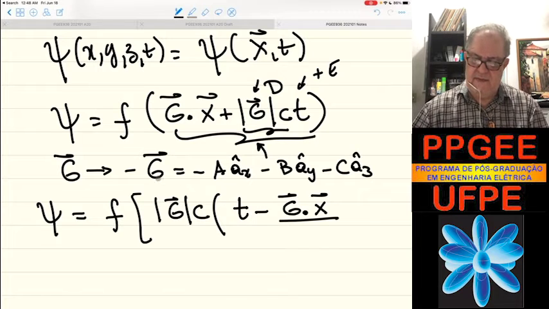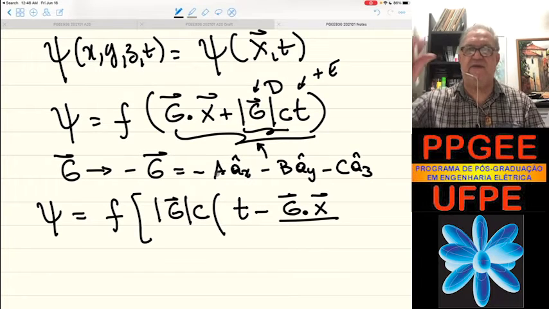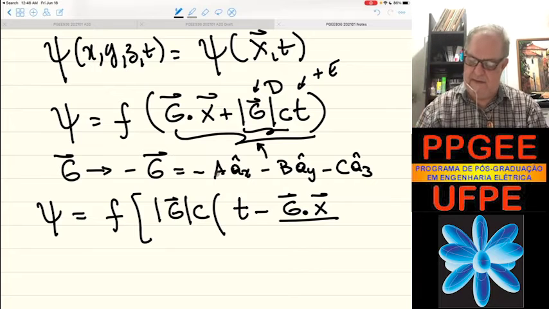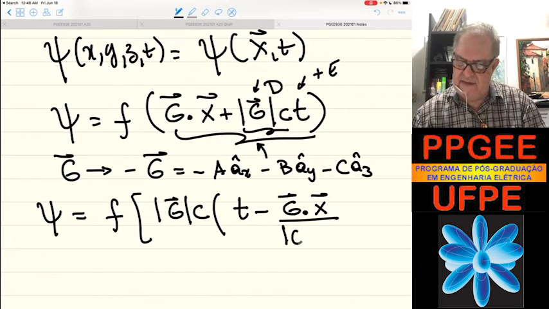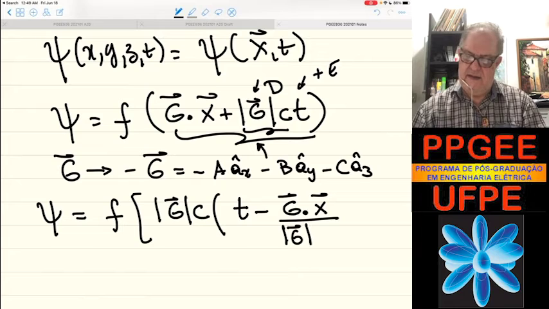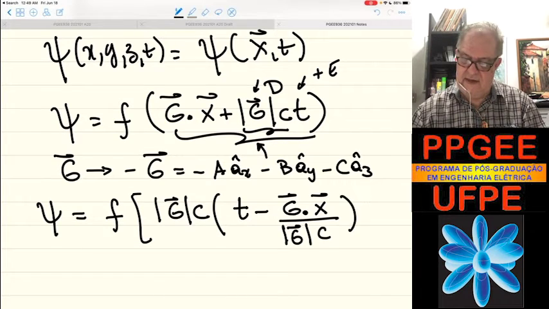So g is still ABC, so I should use minus g divided by the magnitude of g, times c. Correct? That's what it is.